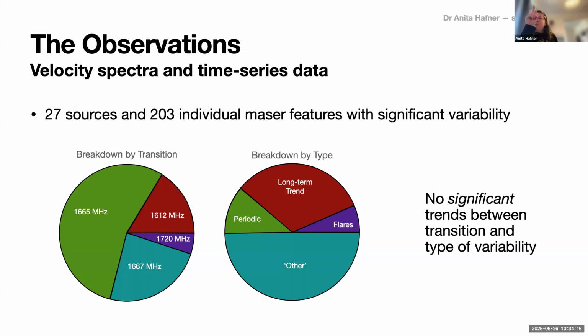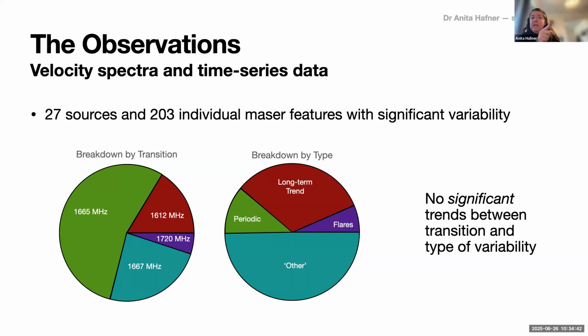Those were maser regions or high mass star forming regions, and these are now the individual spectral features. We find that our data set is kind of dominated by variable sources in the 1665 transition, which is kind of interesting. I think that might be a function of how many features we identify at 1665. Therefore, the percentage of them might not be much different.